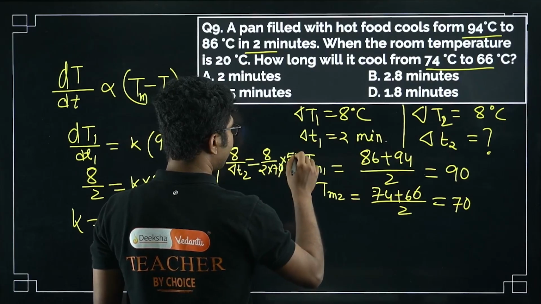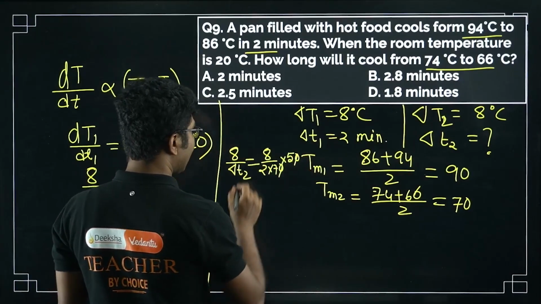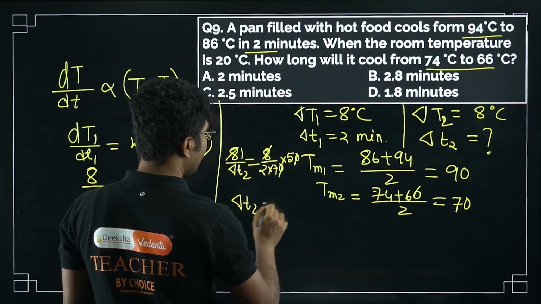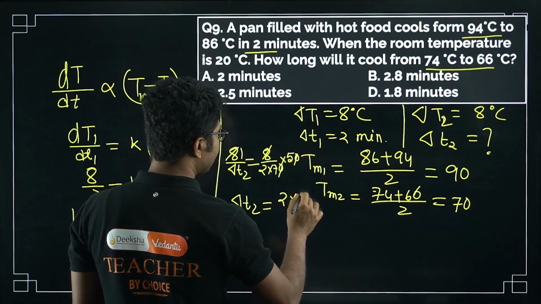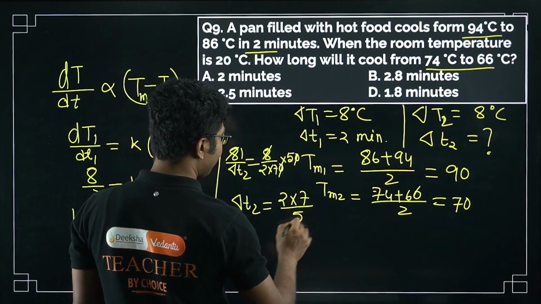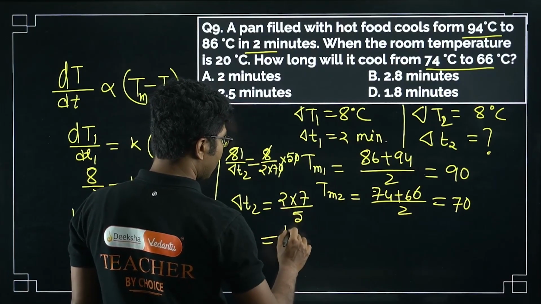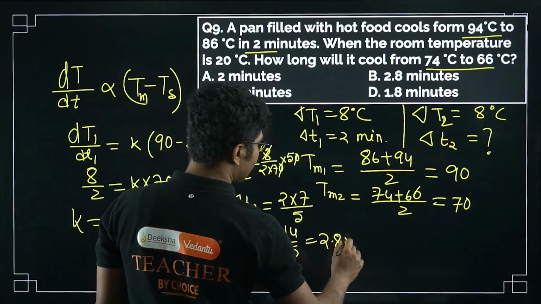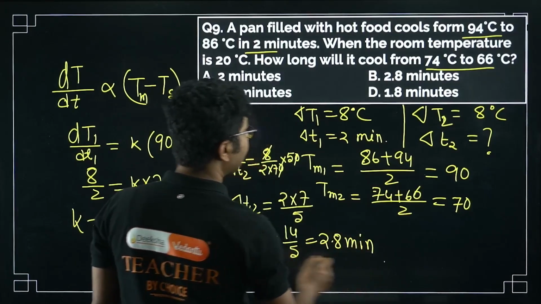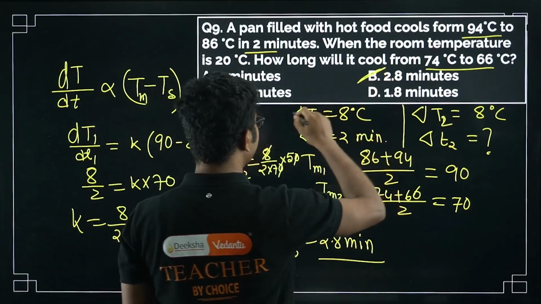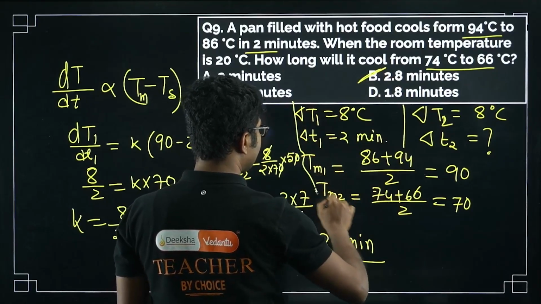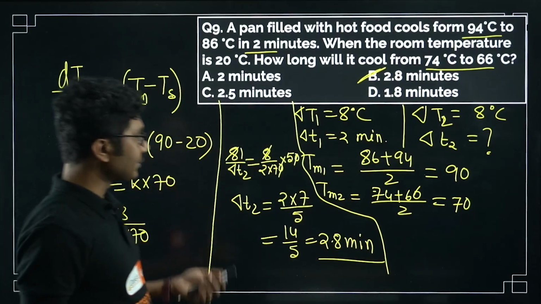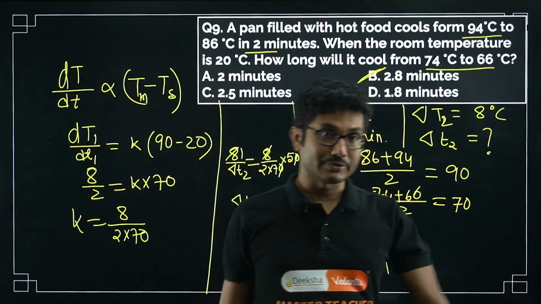The zeros cancel, and the 8 and 2 simplify, so you get delta t2 equals 2 into 7 divided by 5. That is 14 divided by 5, which equals 2.8 minutes. So it will take 2.8 minutes. This is Newton's law of cooling. You have to practice such problems more and more. We have solved a similar question in the Abhyas KCET test series as well.